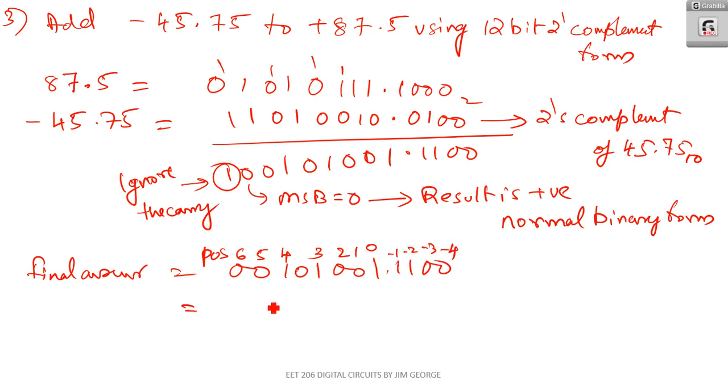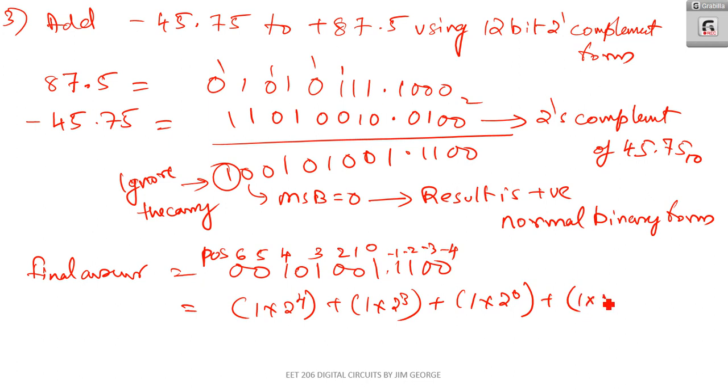So the answer will be 1 into 2 raised to 4 plus 1 into 2 raised to 3 plus 1 into 2 raised to 0 plus 1 into 2 raised to minus 1 plus 1 into 2 raised to minus 2. So this will account to almost 41.75. So it is plus 41.75 to the base 10.